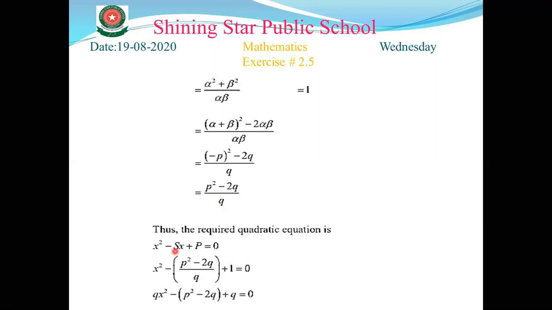So when we put the value of s, it will give us p square minus 2q divided by q plus p is 1, which is this one.